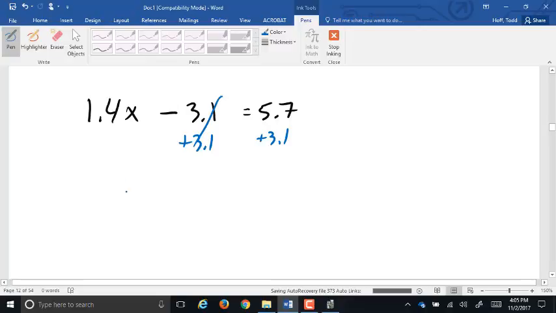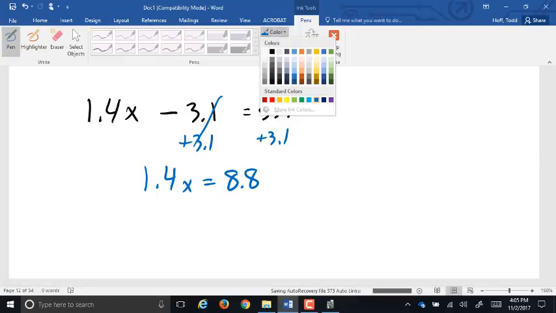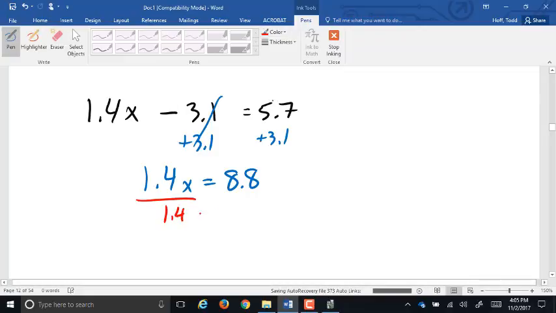What do we get? 1.4x equals 8.8. And then we divide by 1.4, which gives us x equals 6.285714286 approximately.